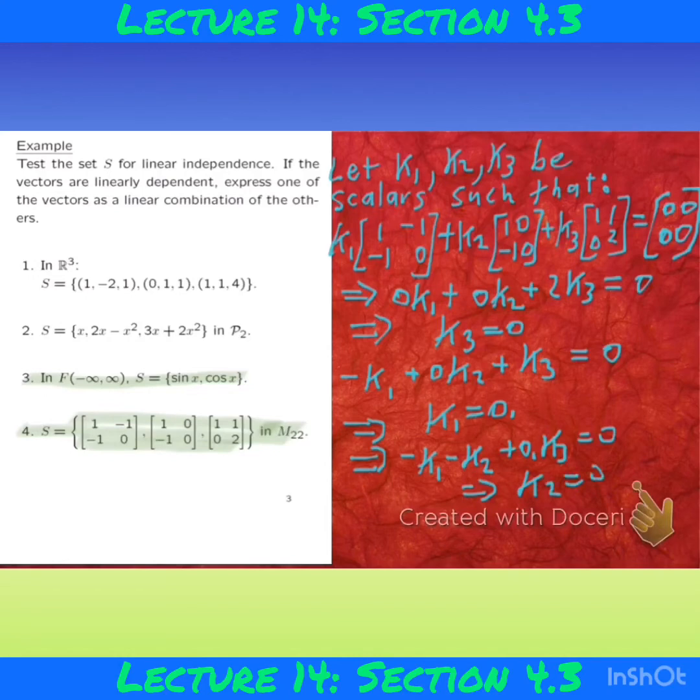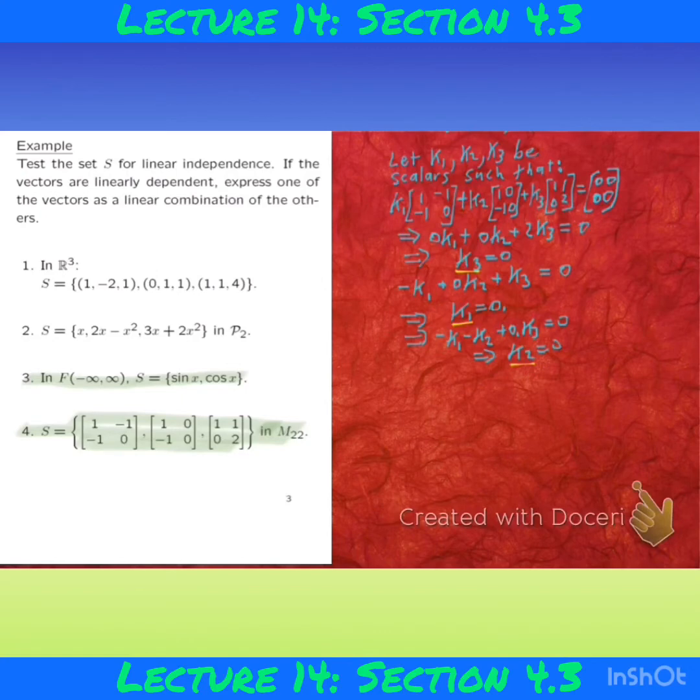Okay, so what have we now established? We've established that K3 is 0, K1 is 0, and K2 is 0. So is this set of vectors linearly dependent or linearly independent? The set of vectors is linearly independent.